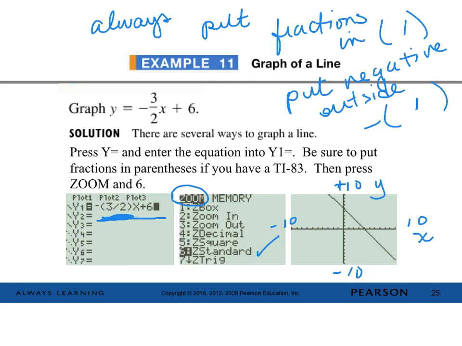Actually, if you hit zoom and then choose the number 6, it's automatically going to show you that graph. And that will look very much like the graph that you drew by hand. I want you to be able to graph on the calculator, but also I want you to be able to graph by hand, and we'll do some practicing of that.